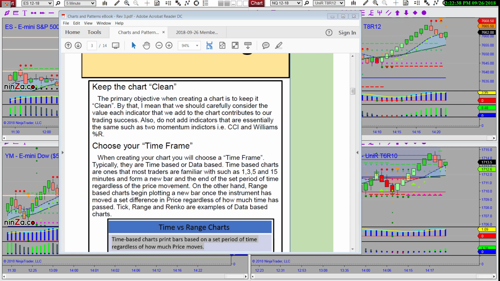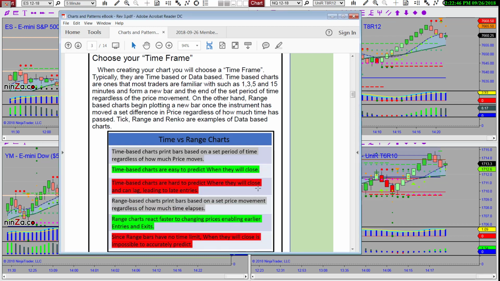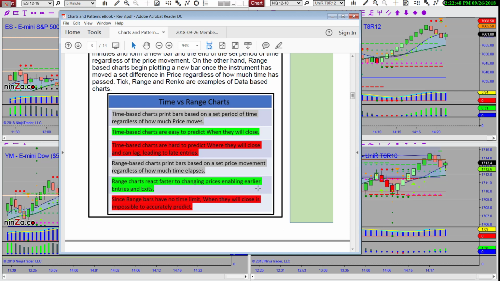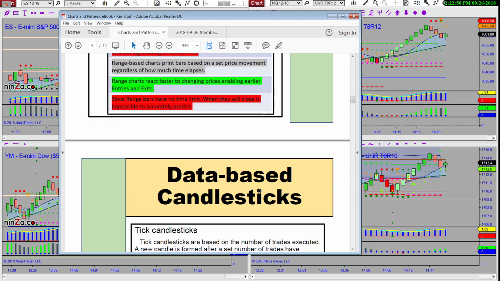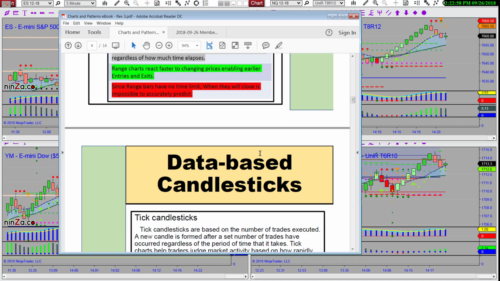In the ebook, it has time versus range charts, why one over the other. I don't think that's what you were asking. I think you were asking which ones do I use and why.